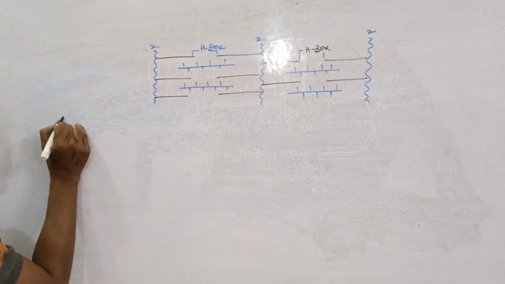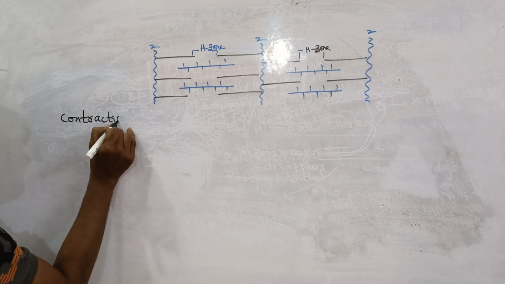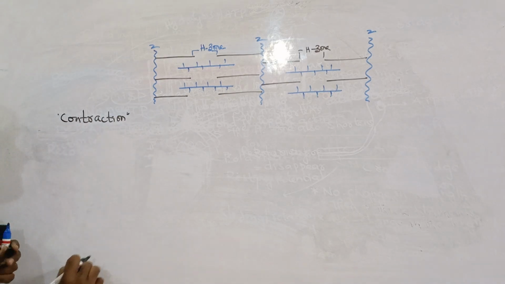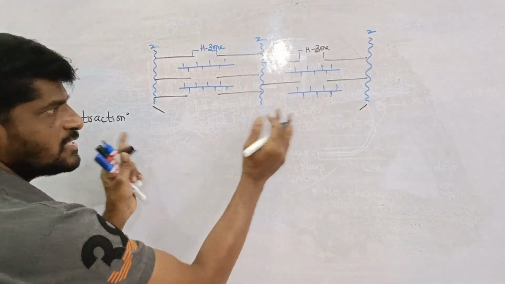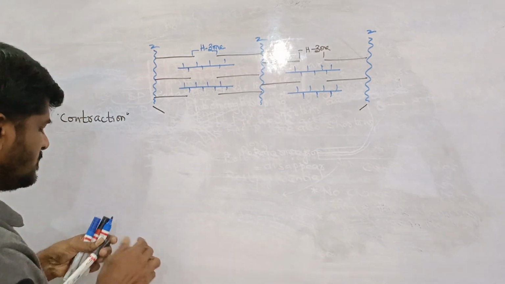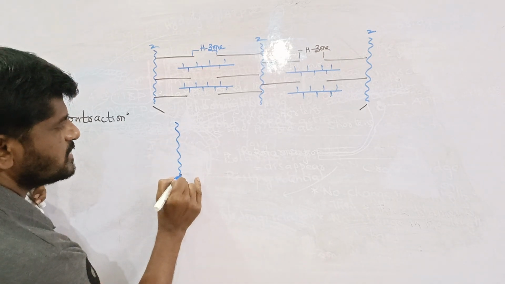During muscle contraction, the two Z lines come near. When the Z lines come near, see this, these are the near ends of the Z line.